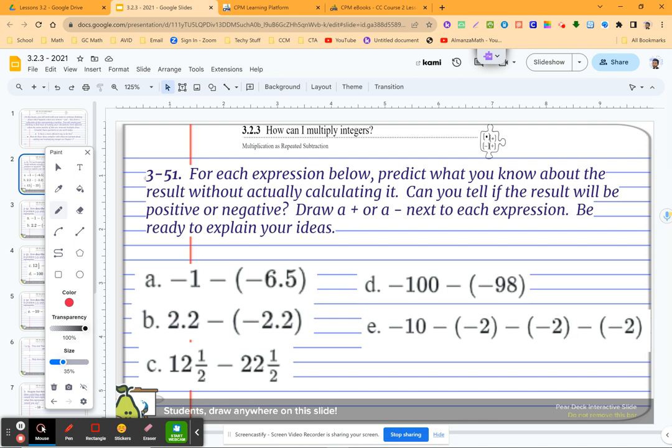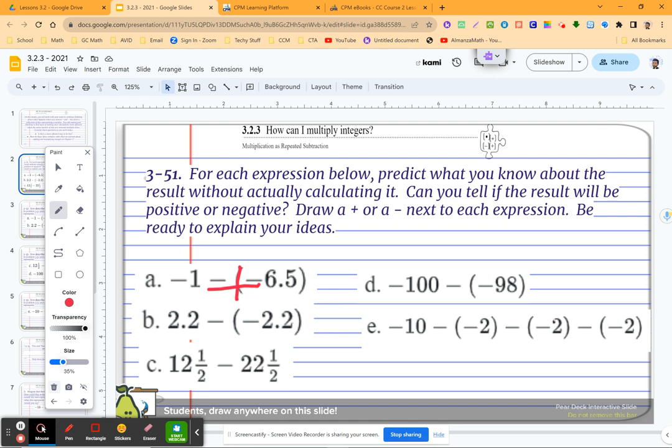So in the first one here, we have -1, and we are taking away 6 negatives. So what would that be in terms of positive or negative value? Yesterday we talked about when we subtract a negative, it's kind of the same thing as adding a positive.